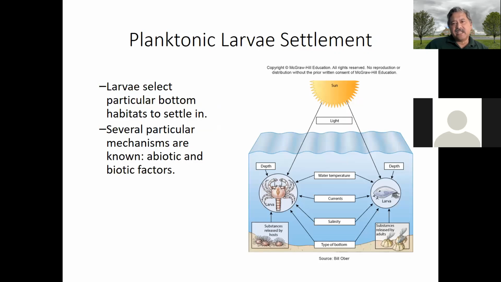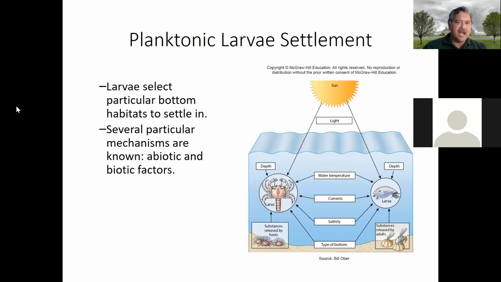Remember, plankton is an organism that's floating around and not really under its own accord. It's going with the movement of the body of water, usually the ocean here. And it says larvae select particular bottom habitats to settle in, and several particular mechanisms are known, both abiotic and biotic factors.